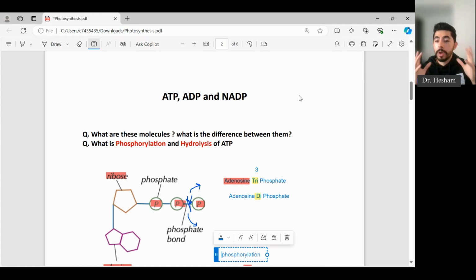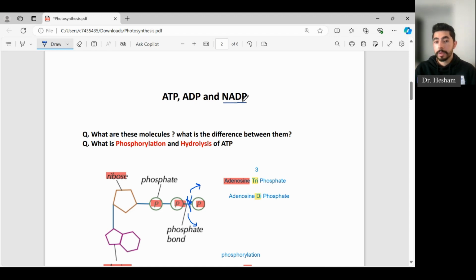So all coenzymes are easy to change into different things. So they're easy to accept molecules or release molecules. For example, let's talk about NADP for a bit. NADP is a coenzyme present in plants. So you will see this term a lot in photosynthesis, NADP.